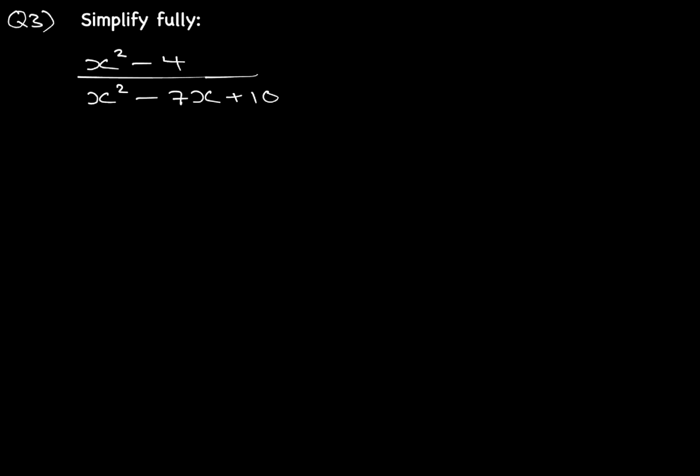Okay, for some reason, this sort of question always throws off students. They see x squared minus 4 and they lose their heads. Well, if we've got an x squared term, no x term, and then a constant, usually it's a difference of 2 squares. Okay, so x squared is a squared term, 4 is a squared term.